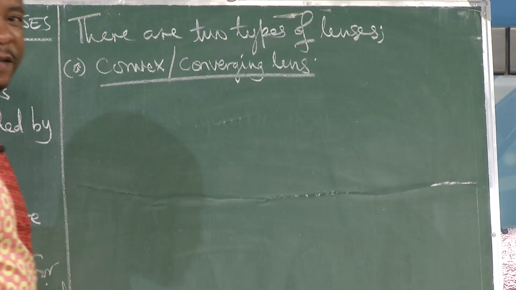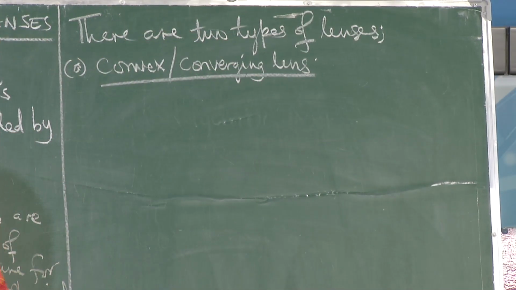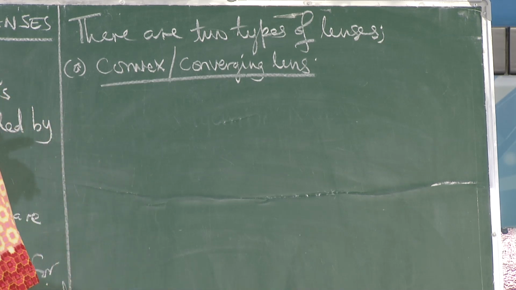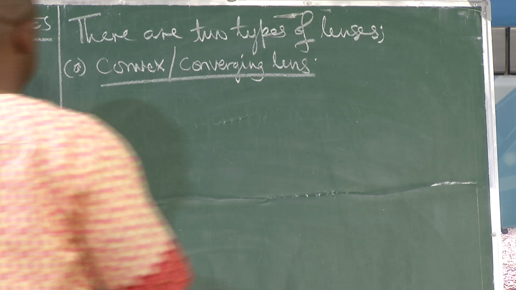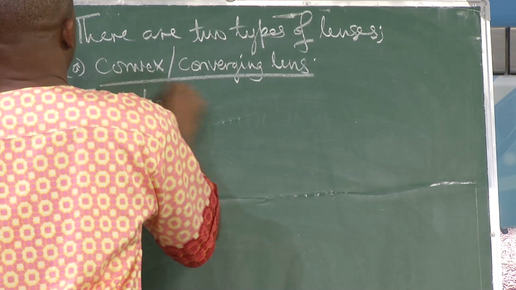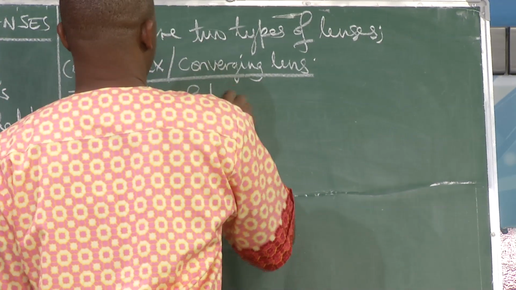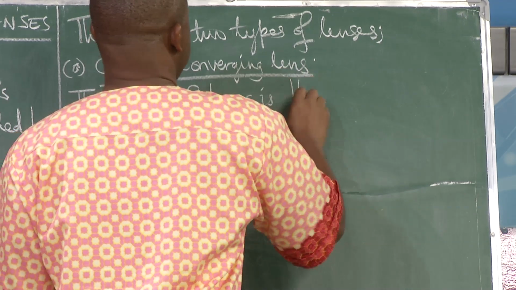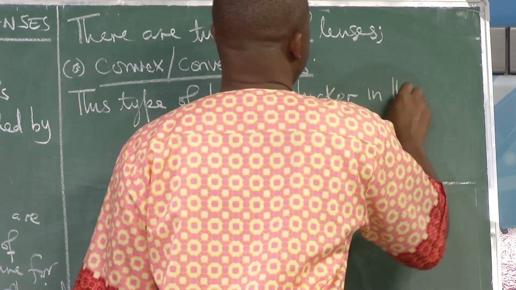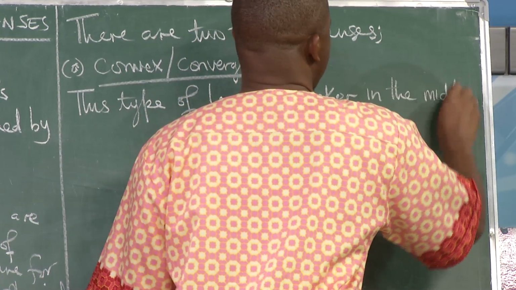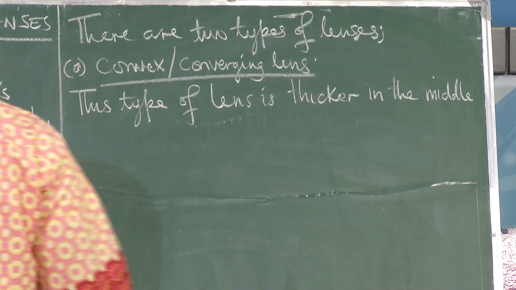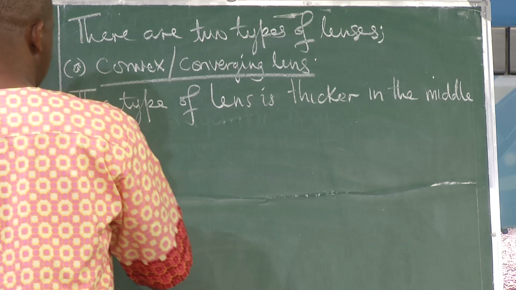This type of lens, as we are shortly going to see, is thicker in the middle and gets thinner towards the edges.